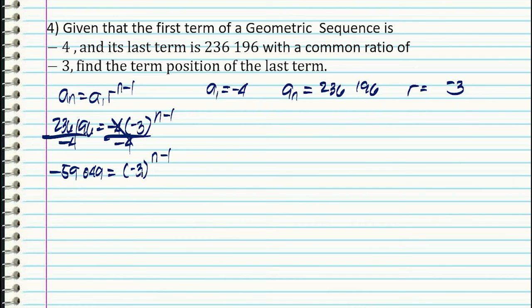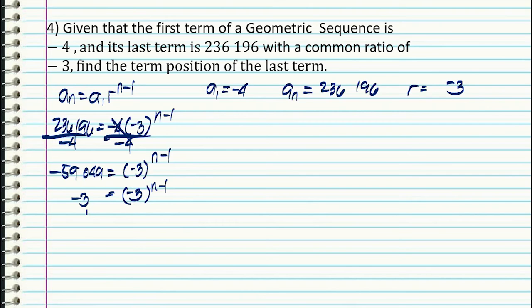So to solve this, we will express both sides in exponential form. The left side is already in exponential form, but the right side of the equation is not yet written in exponential form. So we will rewrite using negative 3 as our base. We can solve the equation if we have the same bases.